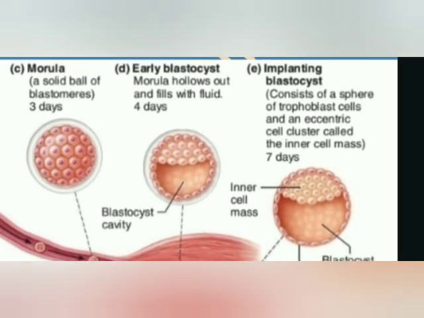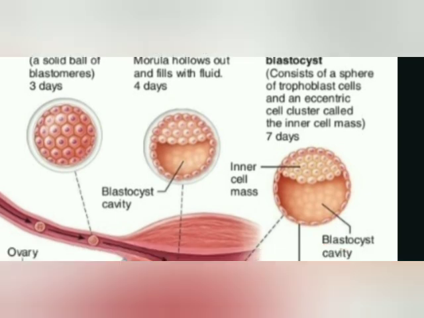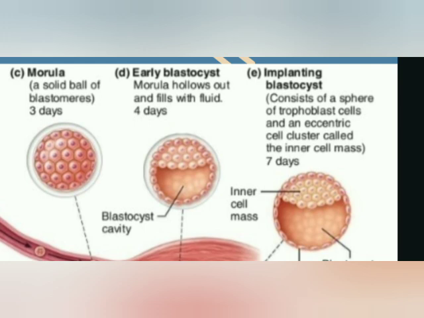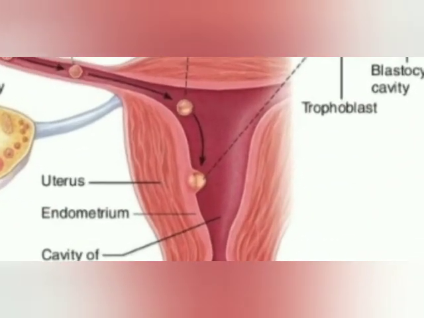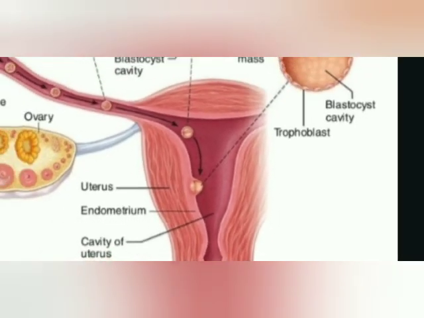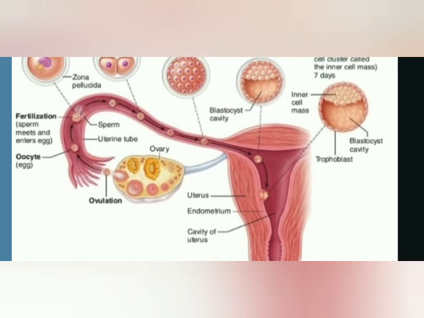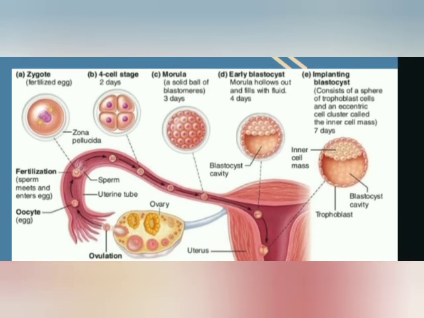As we can see, it was filled with liquid. After that, the blastocyst travels and implantation occurs, where the blastocyst binds to the endometrium of the woman's reproductive system.